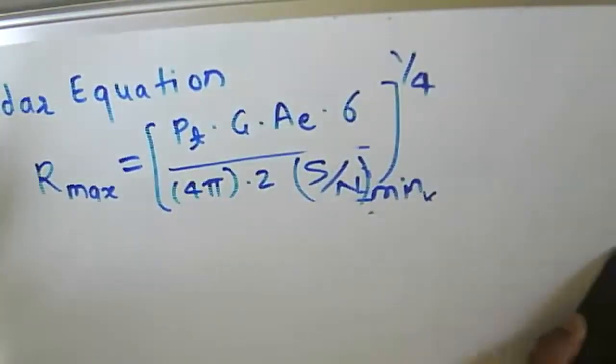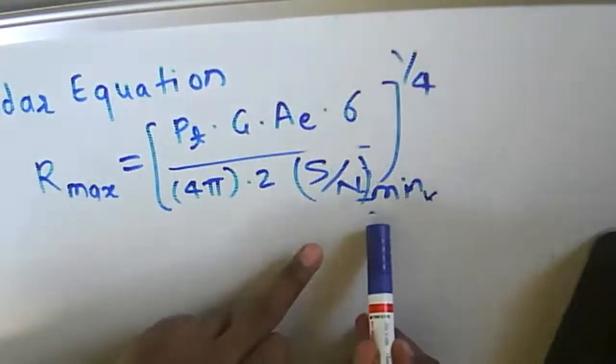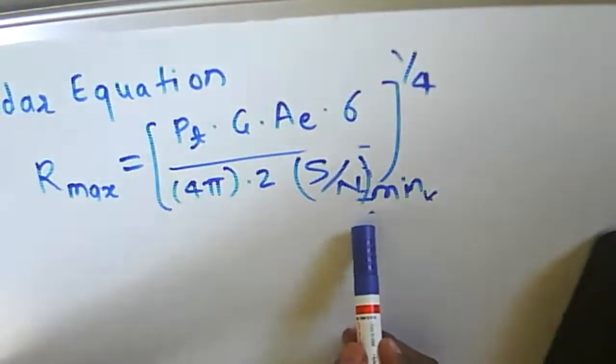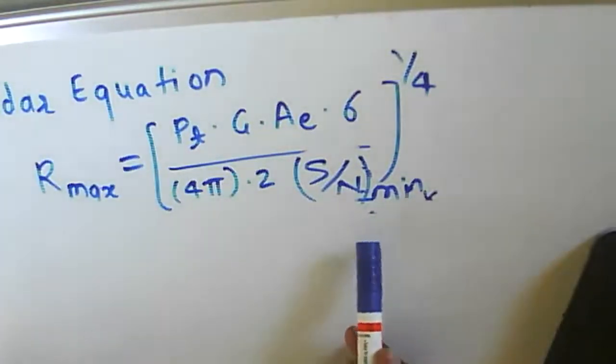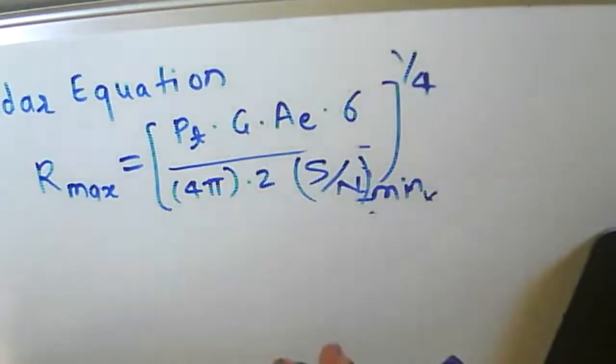Now our equation is revised. That is about S by N, the signal to noise ratio, that is the minimum. So what is it?